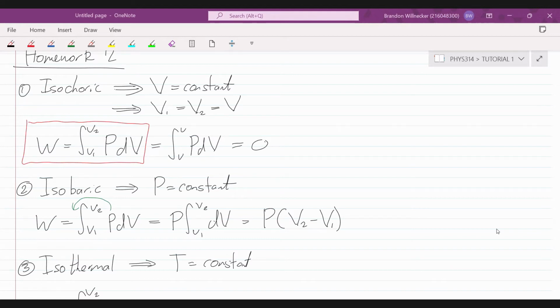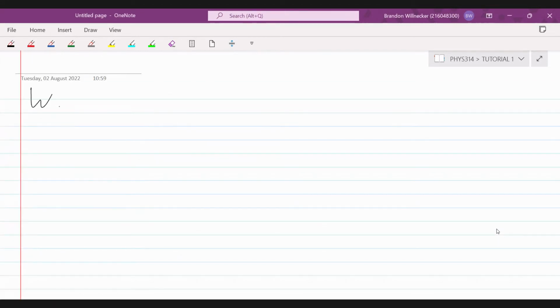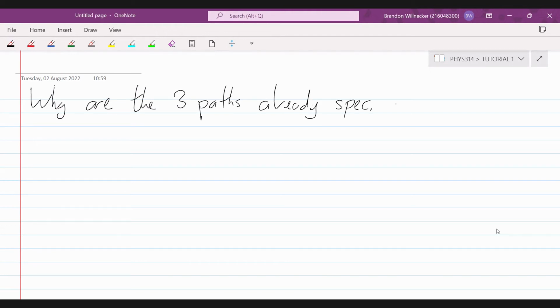However, for isochoric, isobaric, and isothermal, you don't need to specify a path. It's already implied. So why is that? Let's have a look. So why are the 3 paths already specified? Okay, well, let's have a look at all of them.